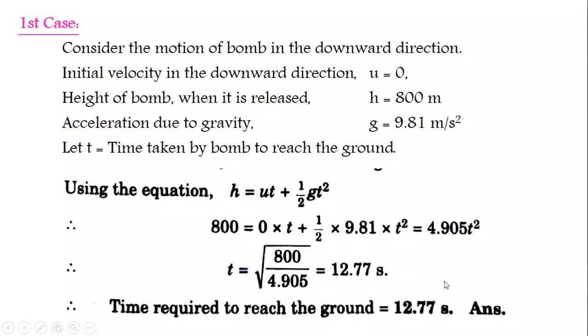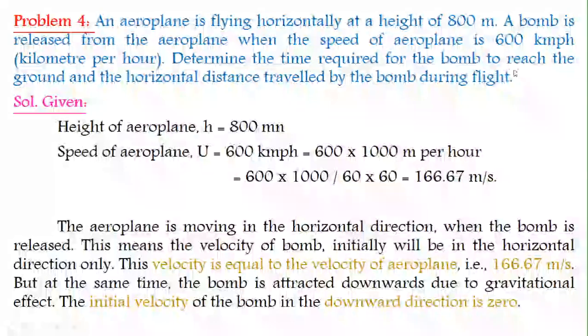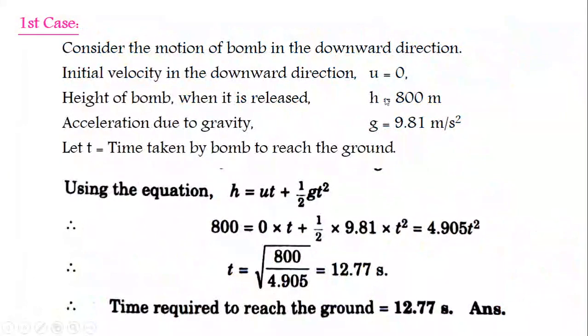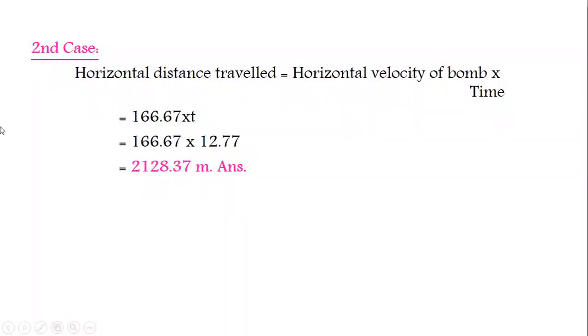First you found the time. In the second case, you have to calculate the horizontal distance traveled by the bomb. The horizontal distance traveled equals the horizontal velocity of the bomb into time.